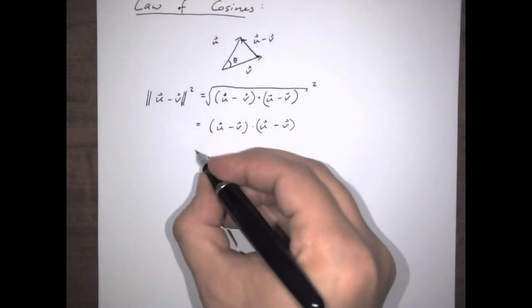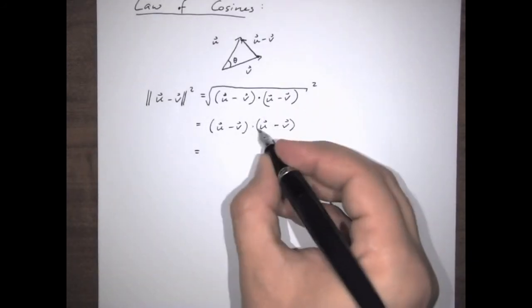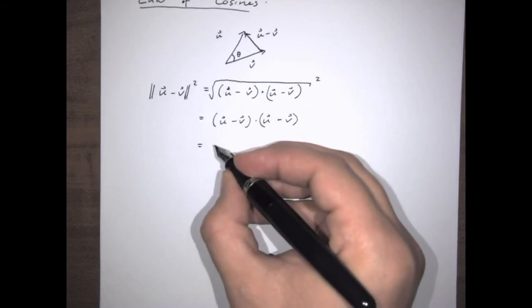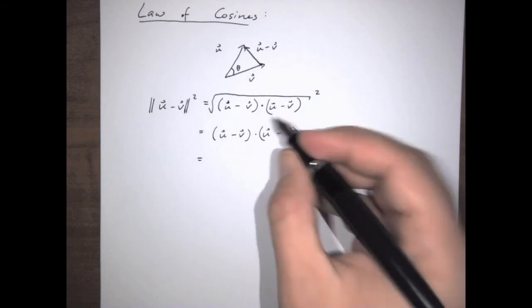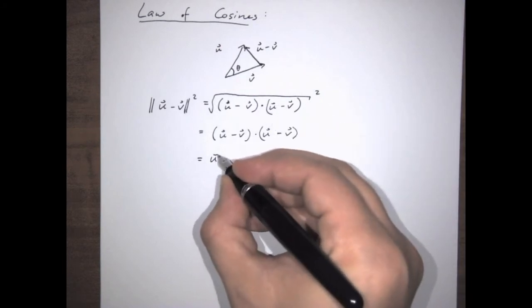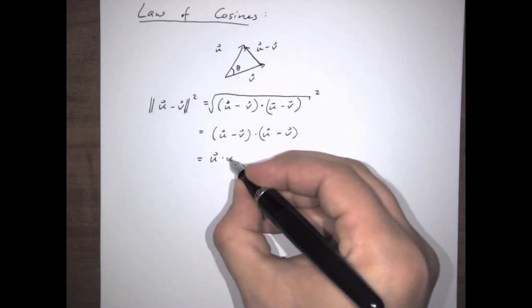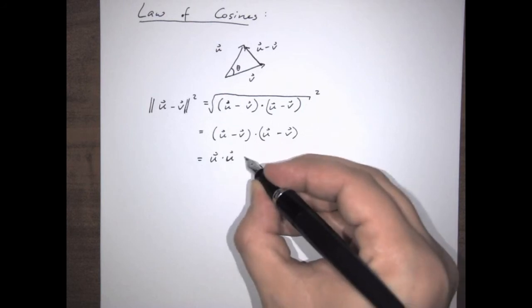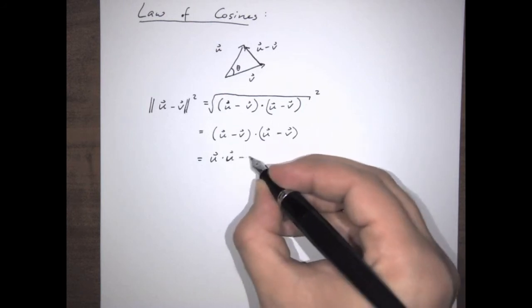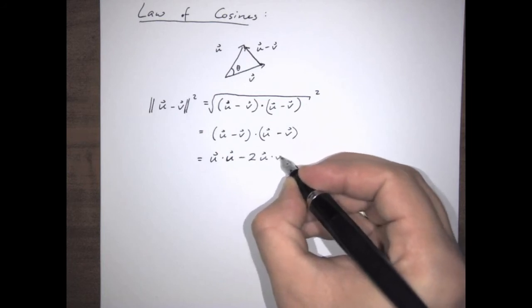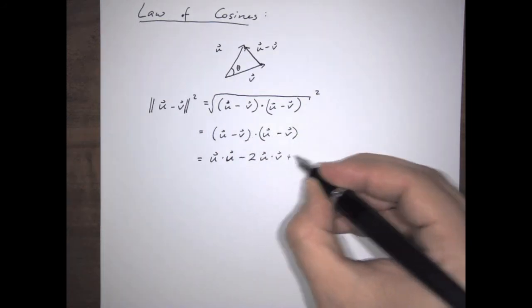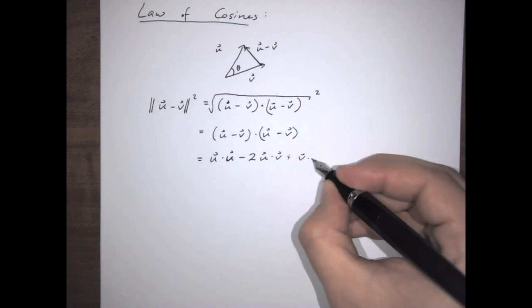And then if we distribute this all in, and distributing this is actually just like FOILing, thanks to the distributive property, which is one of the properties of scalar multiplication, it's going to be u dot u minus 2 times u dot v plus v dot v.